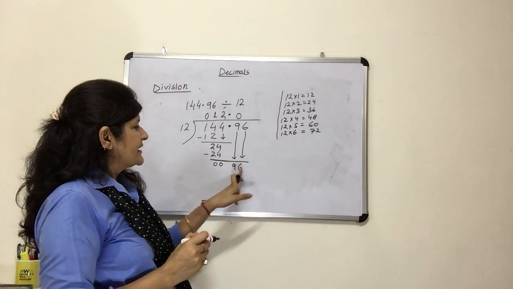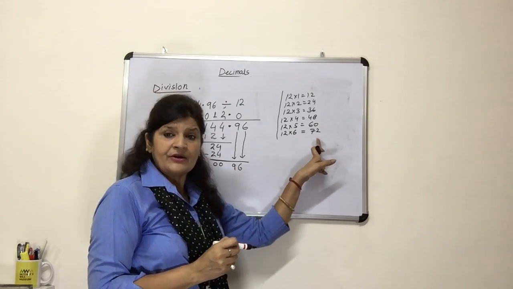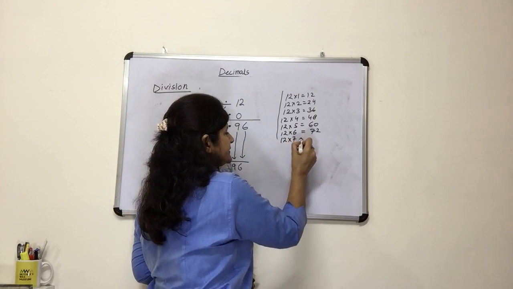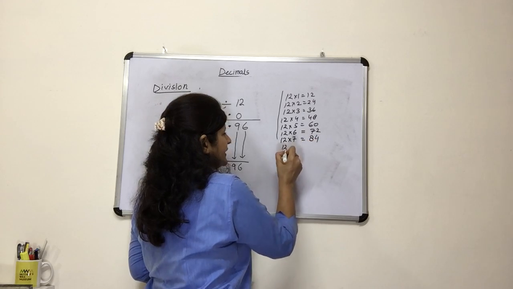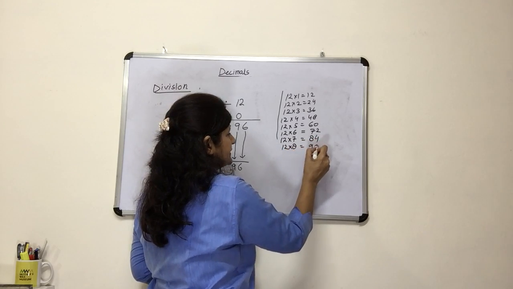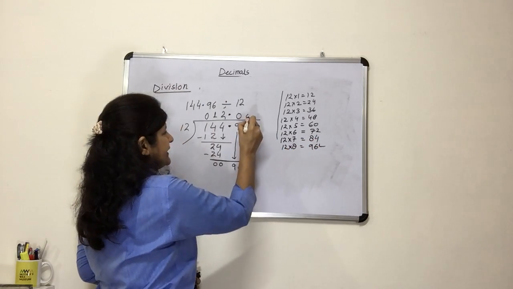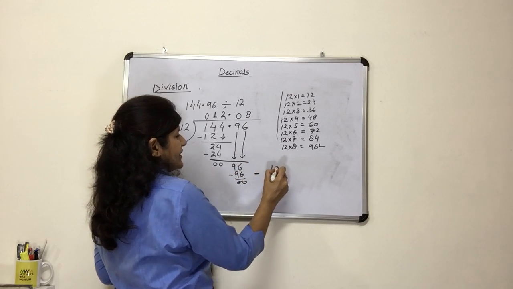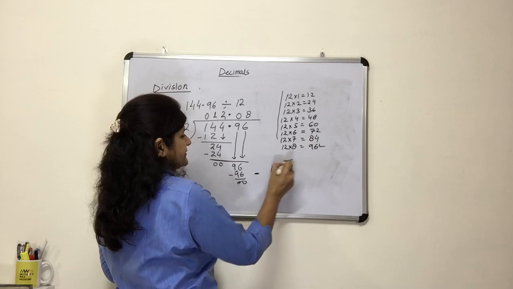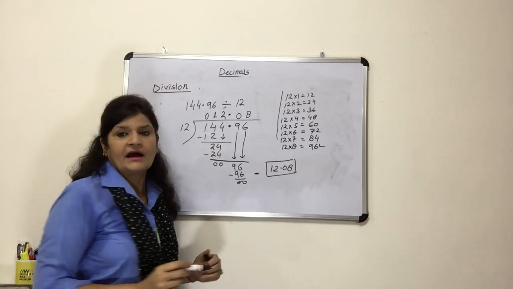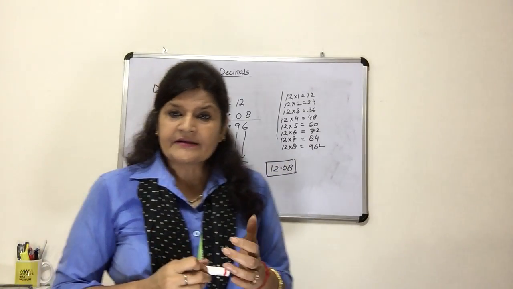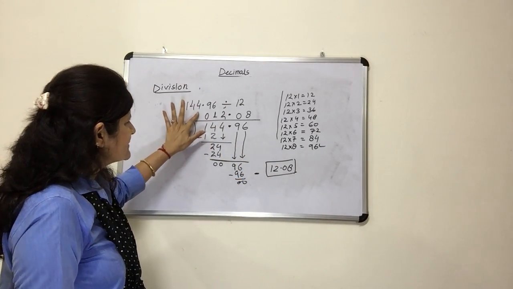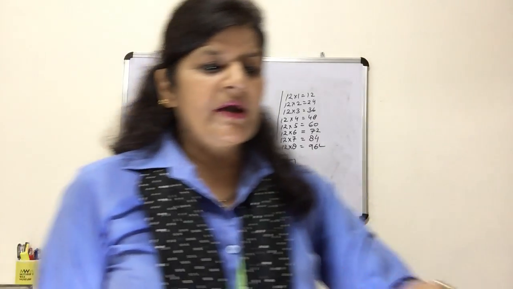Now 96, but till 72 we have written the table, so we will move forward with the table. 12 eights are 96. So 12.08, this is the answer. Understand how we are doing it? That is the division of a decimal number with a whole number.